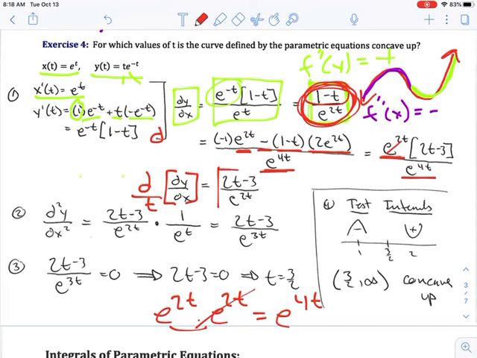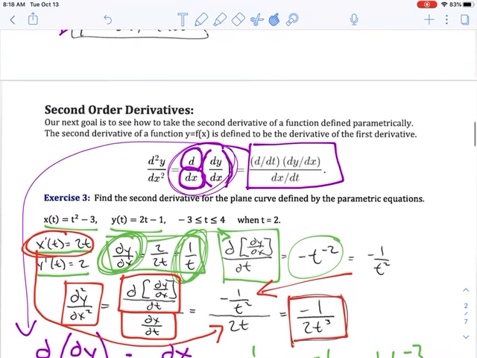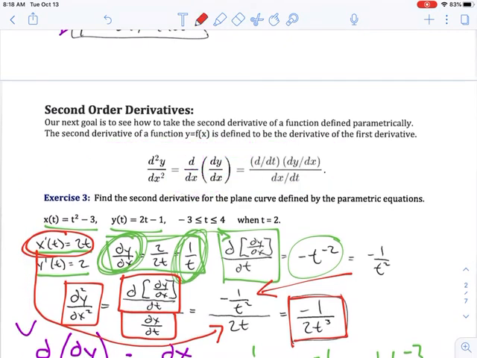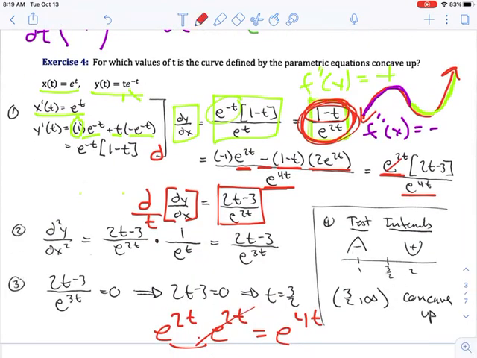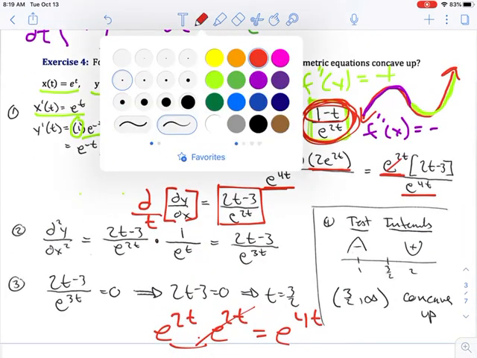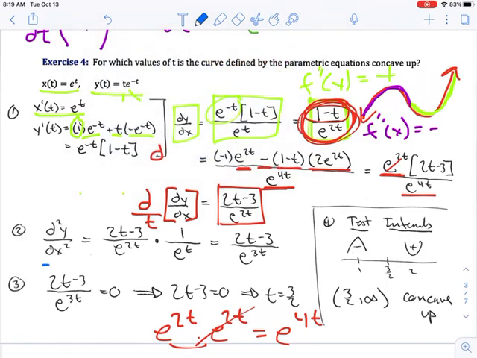That's what we have here. Then the second derivative, go back to our formula. What we did was we just found the numerator. Now we're dividing that by dx/dt. And so that's what we are doing when we get to this point.